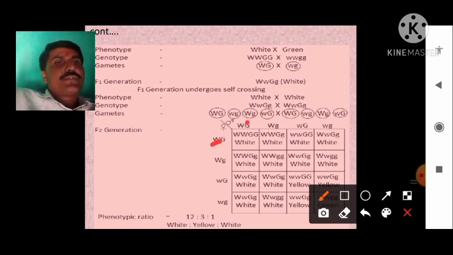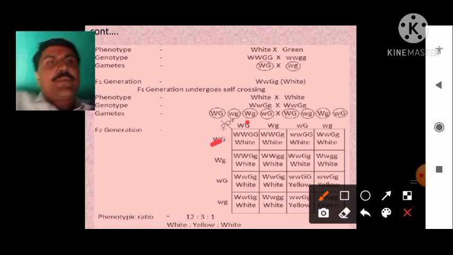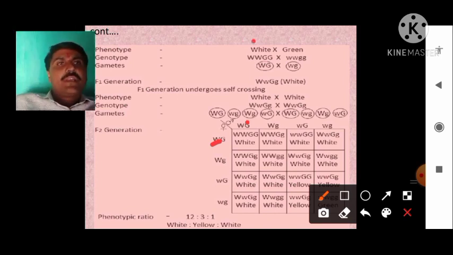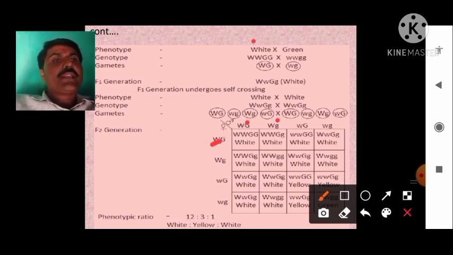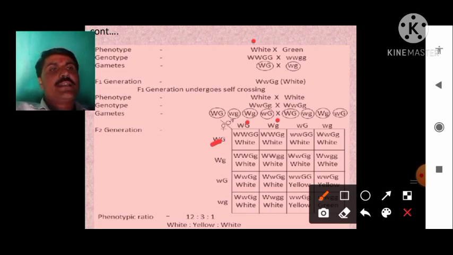So what we got, phenotypically, is absolutely the white one, and the genotype is that of the pure parent. Look at this, capital double W, capital double G. Again, when capital WG is crossed with capital W and small g, we get a white one, but look at the genotype: a little difference, the smaller g has appeared here.